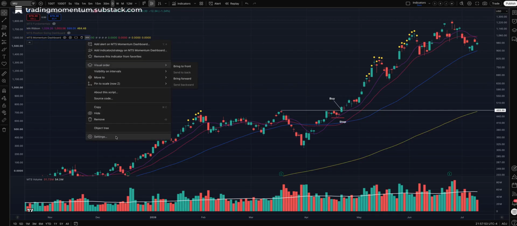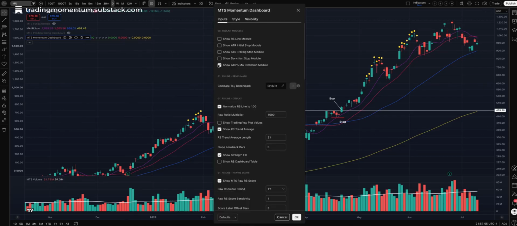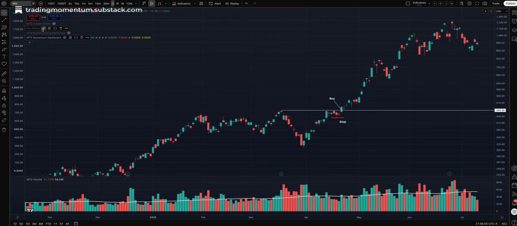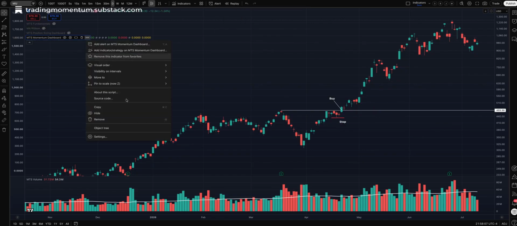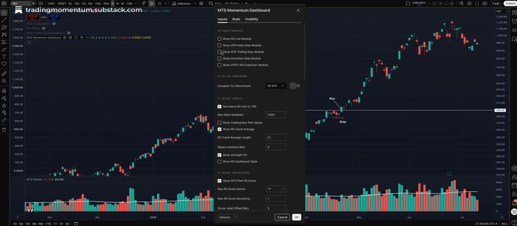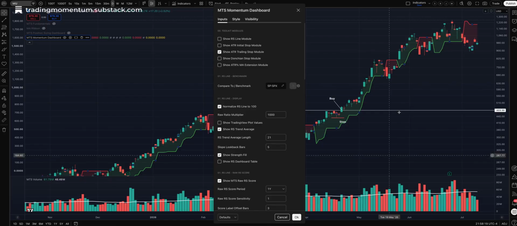Then I'm going to remove it because I don't want my chart cluttered, right? Another thing is that maybe you don't want to use a moving average as a trailing stop. You want to use an ATR trailing stop, and that's in here. You can go into the settings and adjust it.